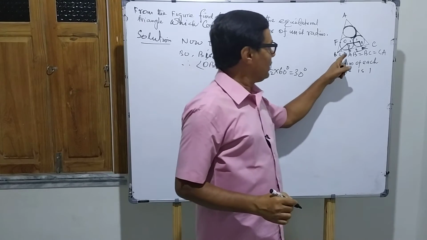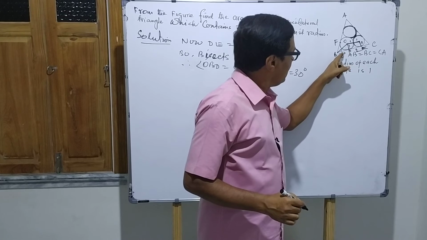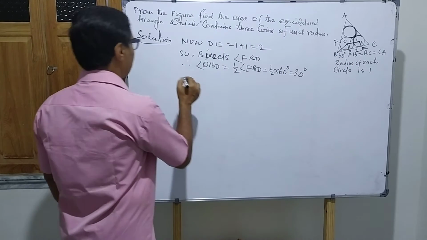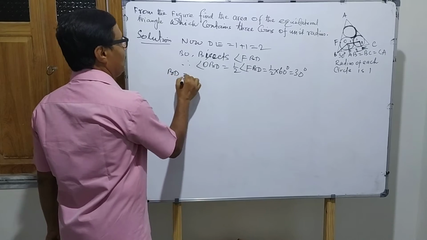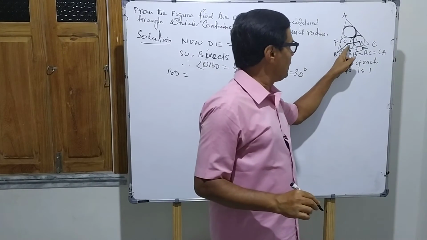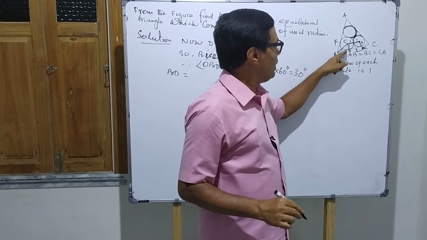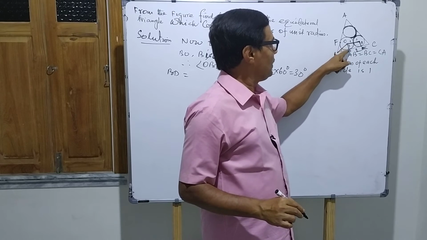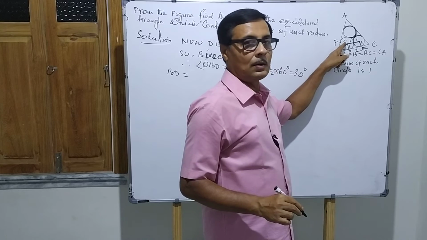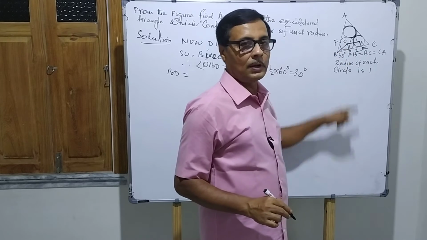Now we can get BD. OD is perpendicular to BC, because OD is the line joining the center of the circle and the point of contact.